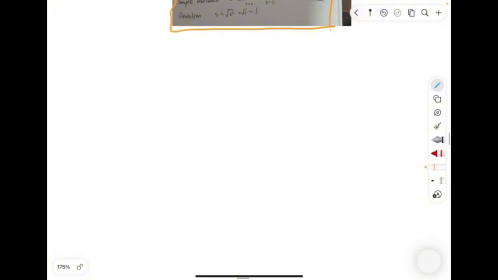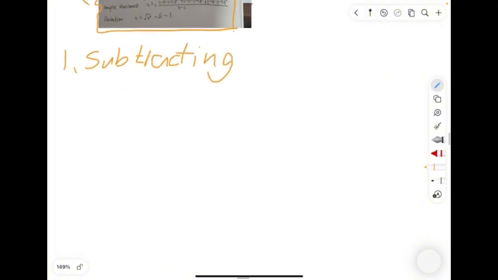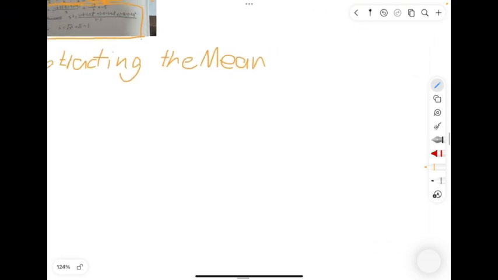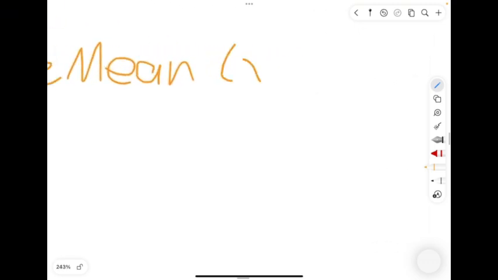Okay, the first one is subtracting the mean, which is x minus this one.